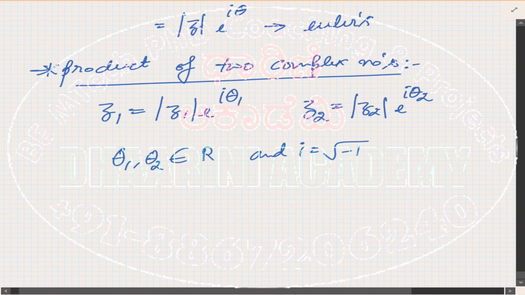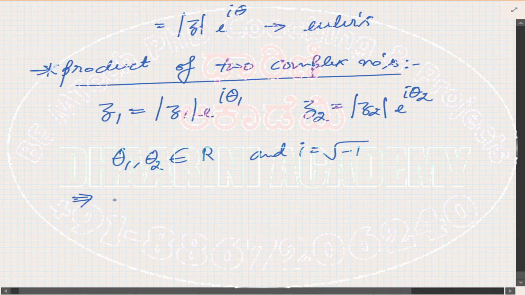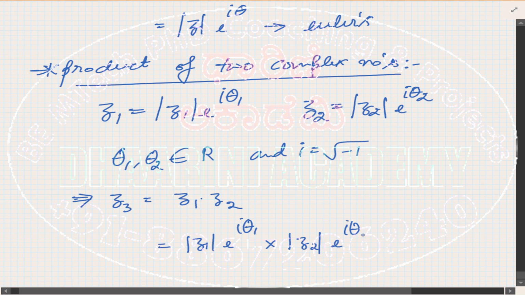Under such a case, let's try to calculate z1 z2. So z3 is equal to z1 into z2. This is nothing but magnitude z1 e to the i theta 1 into magnitude z2 e to the i theta 2.